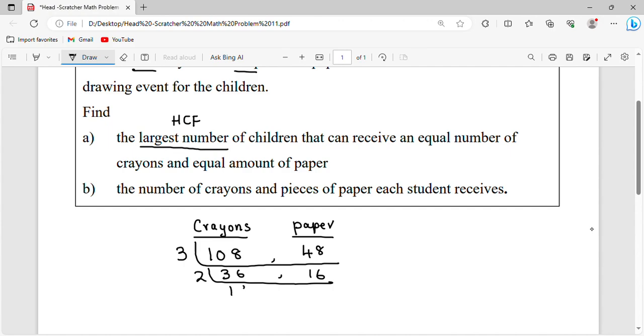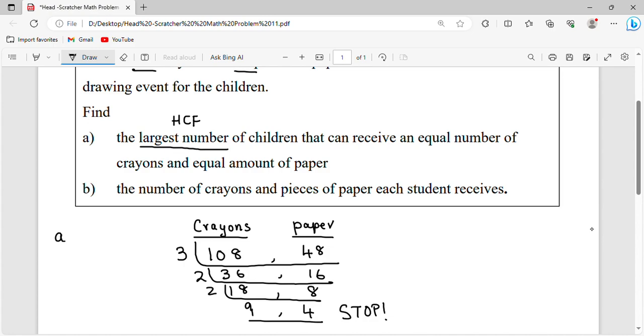I have 18, 8, again I can divide by 2, 9 and 4. There are no more common factors, so I have to stop here, right? So basically that much.